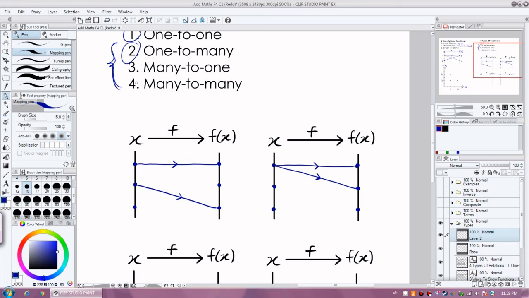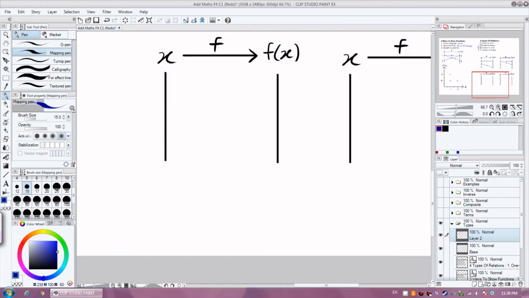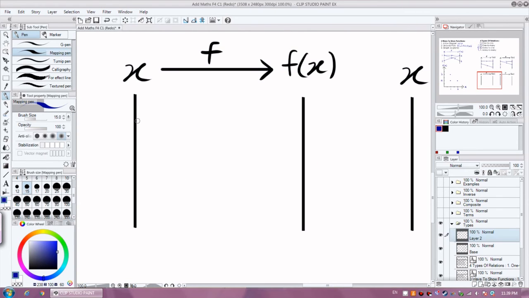So the third one that we're going to learn is many to one. For this one, it should be rather obvious if you fully understand what I said just now about the second one, which is one to many. A many to one would mean that an image has more than one object. So the same goes for this one, and then there will be two objects connecting to the same image.